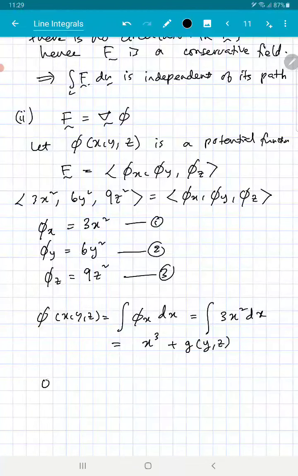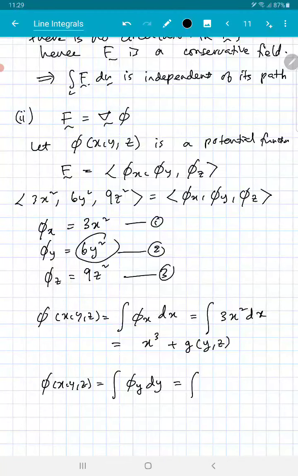So now we're going to do the same, but we're going to use the second equation. To get phi from the second equation, we need to integrate with respect to y. So partial phi partial y here is equal to 6y squared. We're going to integrate that with respect to y.